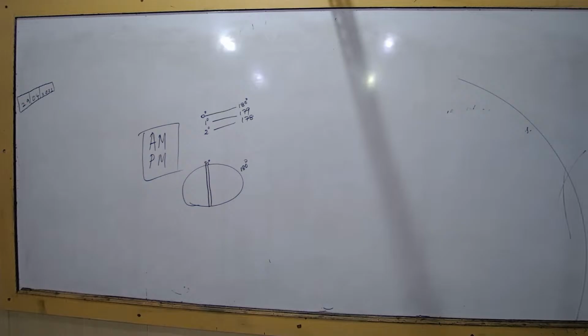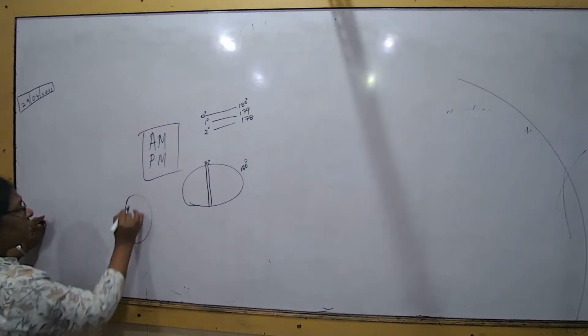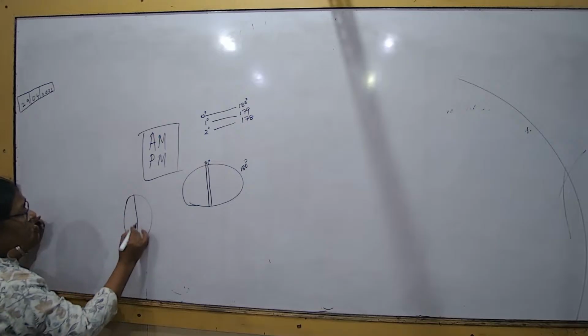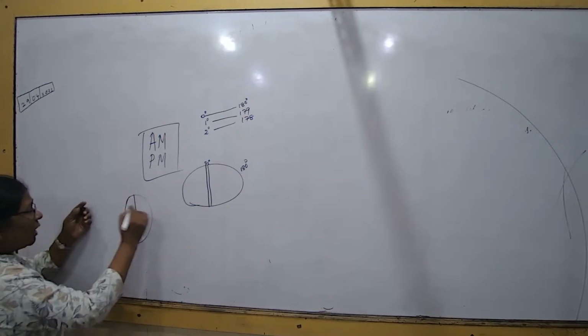The distance between two lines of longitude is maximum at the equator. The distance decreases gradually as one moves towards the poles. All meridians of longitude converge at the poles and are thus equal in length. See, when it is coming to the center, all are joining.